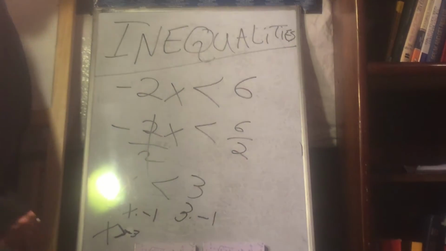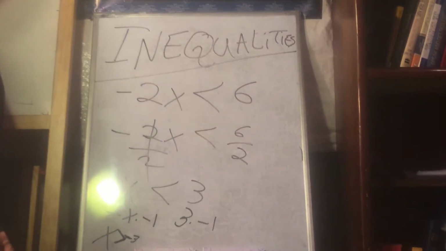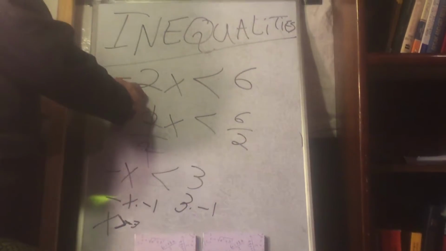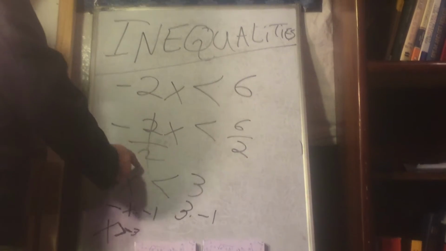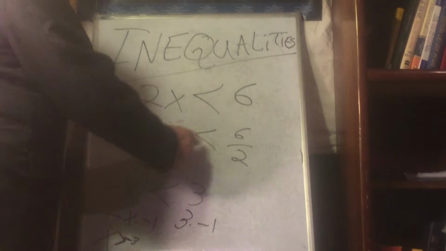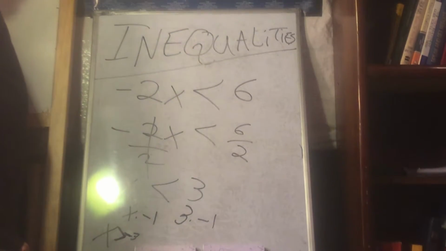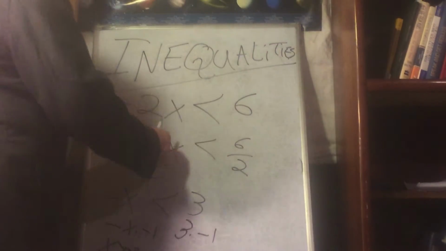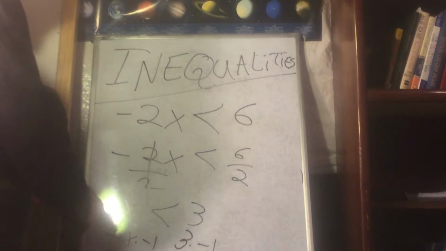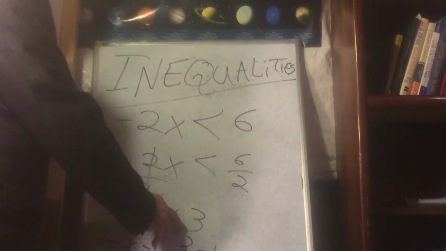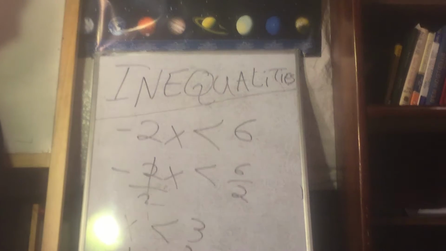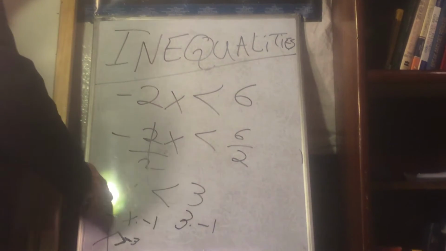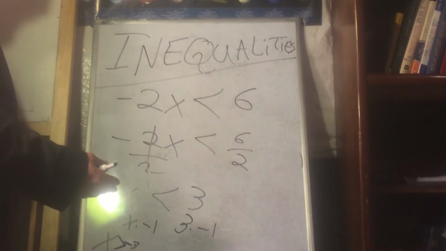Right? So let's do this again. Negative 2x less than 6. Divide by 2. 2 divided by 2 is 1, and then you get rid of this. So what we have left is negative x less than 3. Now, since we have negative x, we need the regular x.